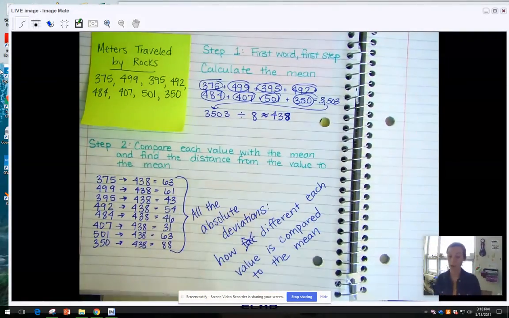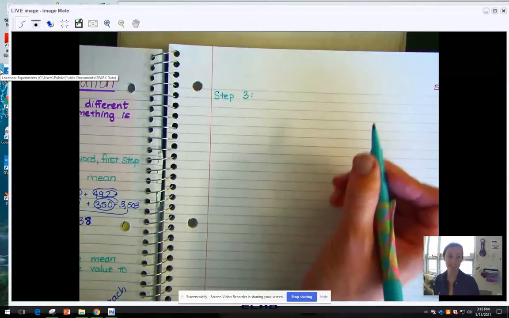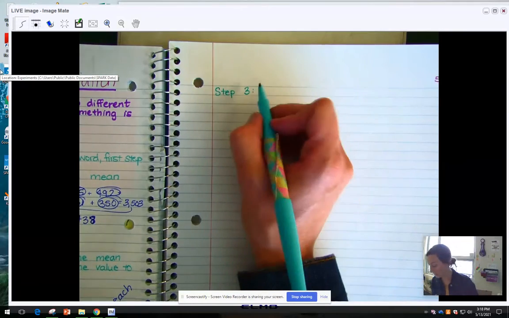All right, step 3, we're almost done. Step 3 is to find the mean of the deviations.